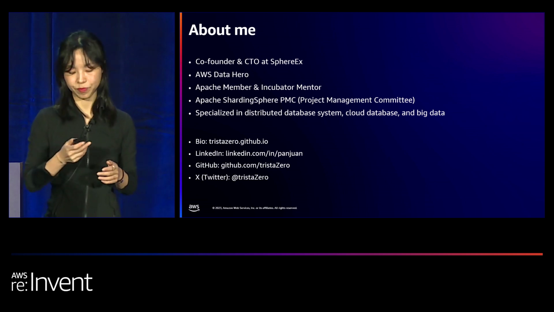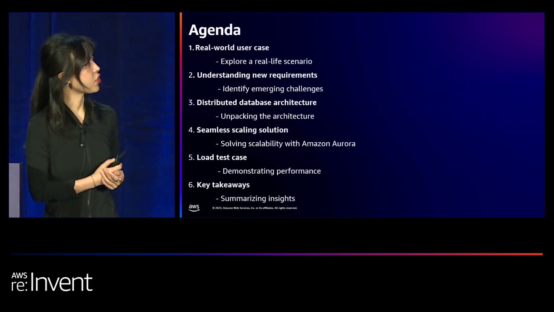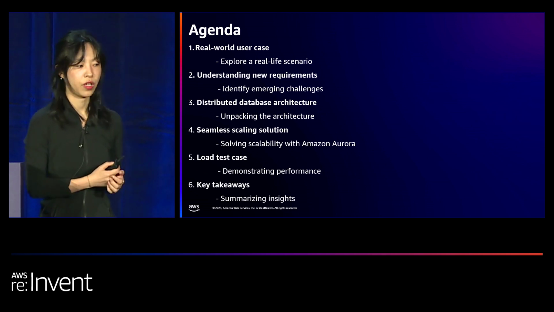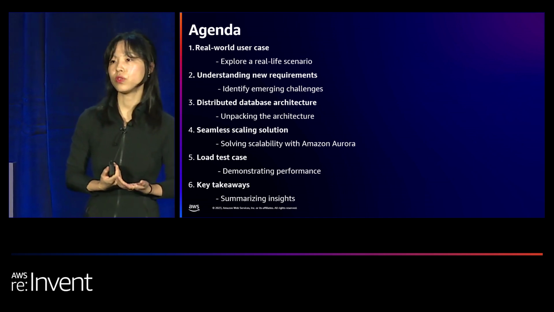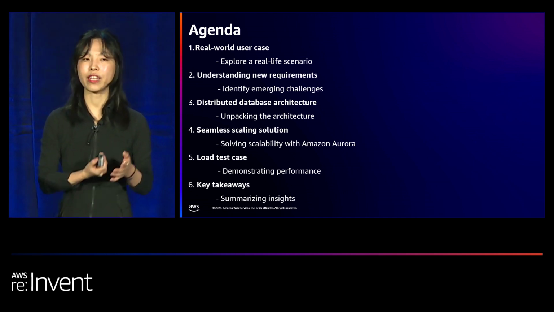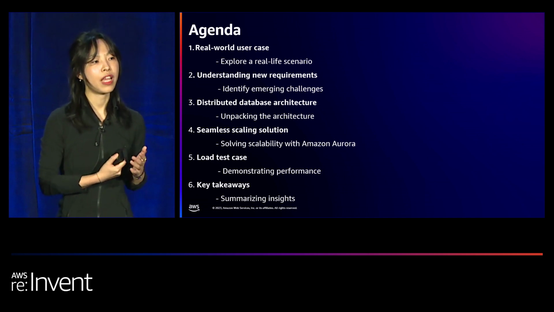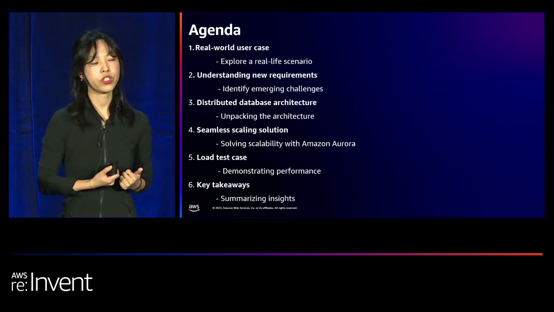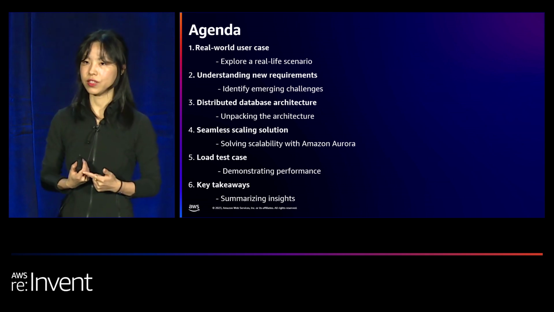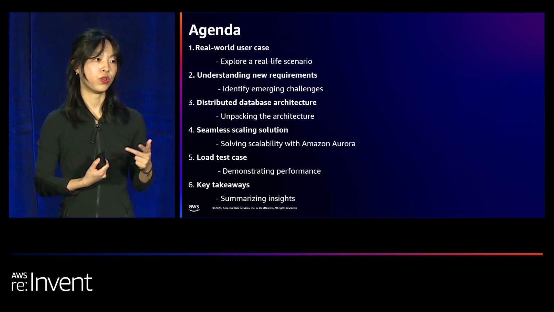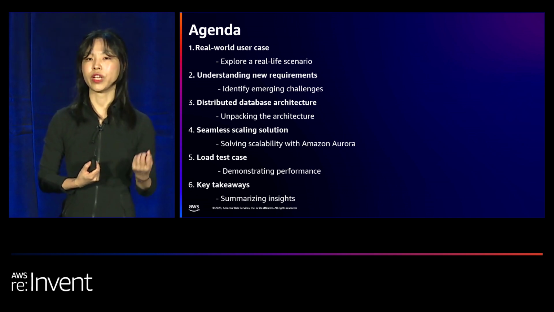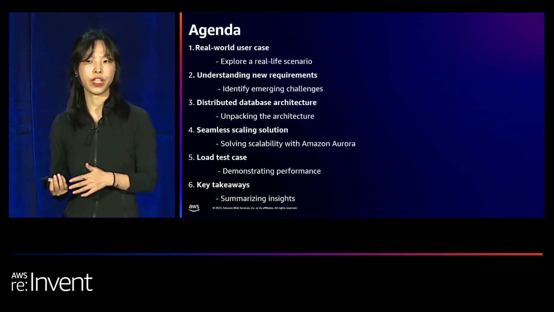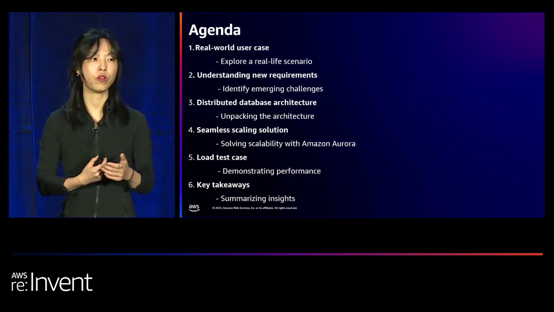So today's agenda, like I said before, we will start with a real-world case, because new technology or innovation comes out when we want to leverage it to help us resolve real-world issues. First, I will give the real-world case, and we'll analyze it to find the new requirements or expectations for our distributed database service, especially on Kubernetes.